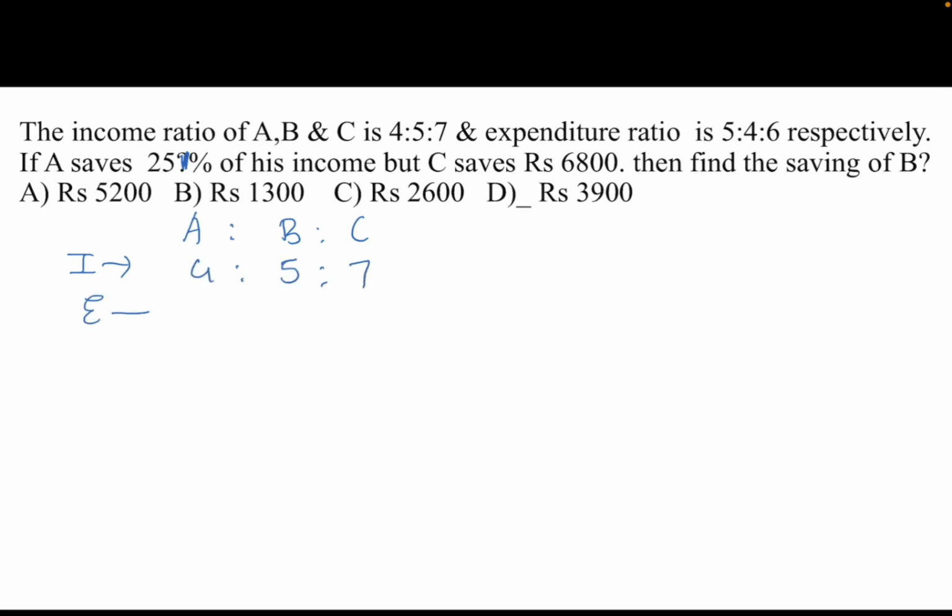And the expenditure ratio is 5 is to 4 is to 6. Now we want the savings of B.